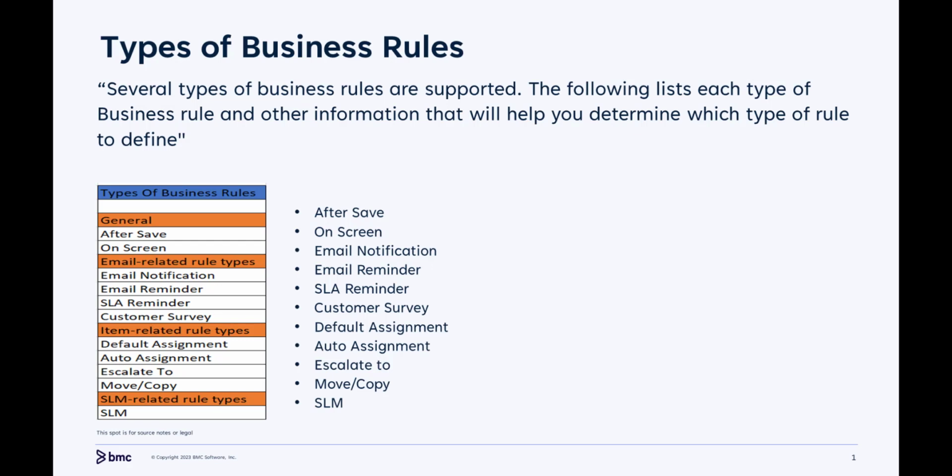Email notification, email reminder, SLA reminder and the customer survey, all the business rule type for the email related rules. Other business rules are default assignment, auto assignment, move copy for the item related rule. All this type of business rule we would see in the demonstration of business rule module.